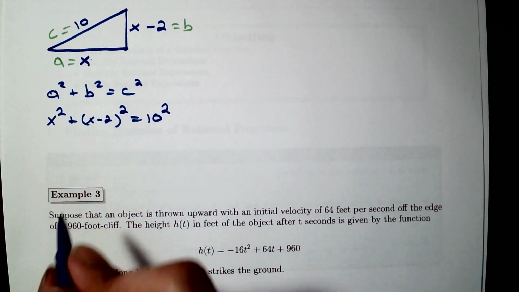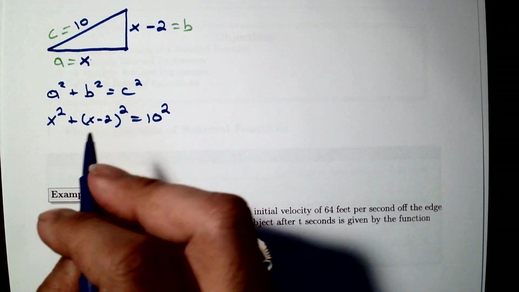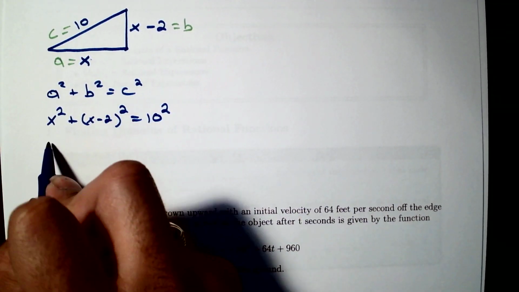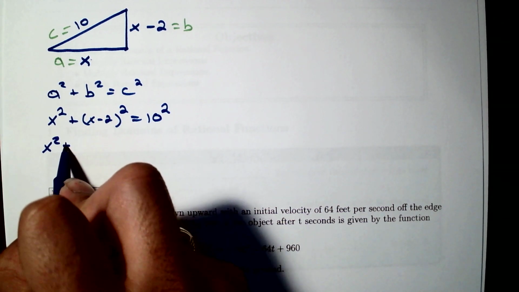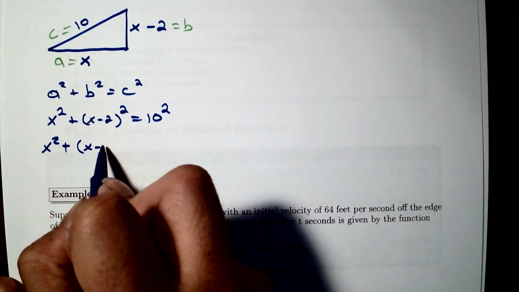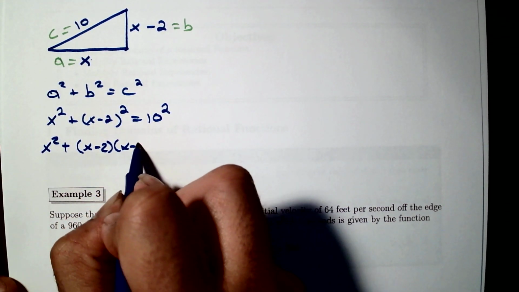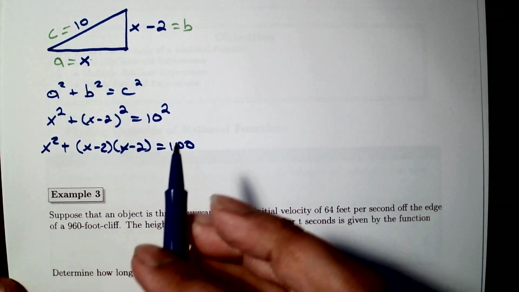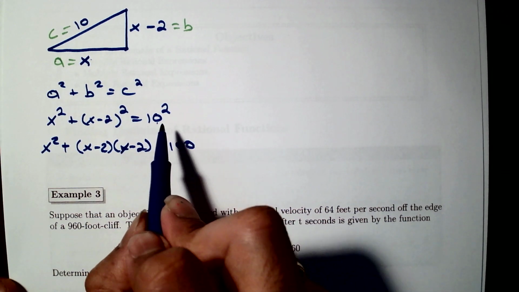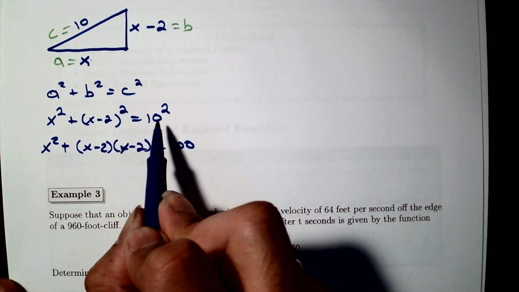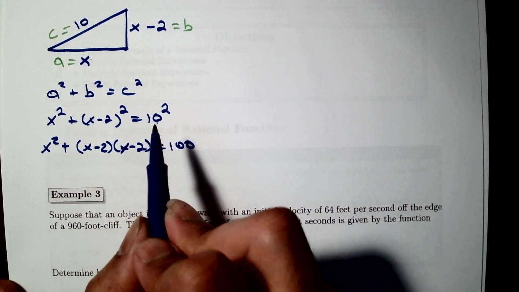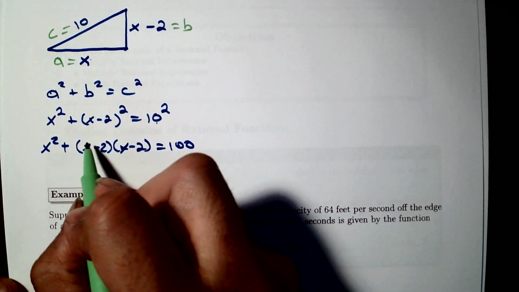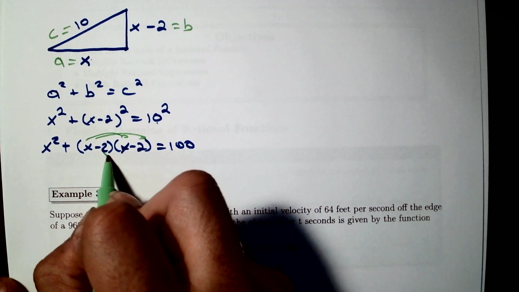All right, so let's expand this binomial. Keep in mind that we don't just square these two guys. x squared plus x minus 2 times x minus 2 times itself, and all we do is FOIL again. 10 squared is the same as 10 times itself, which equals 100. So FOIL, FOIL.